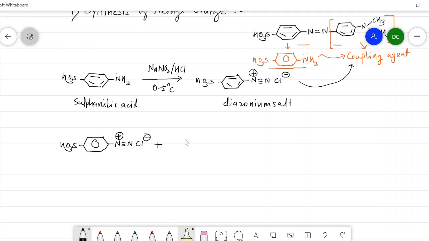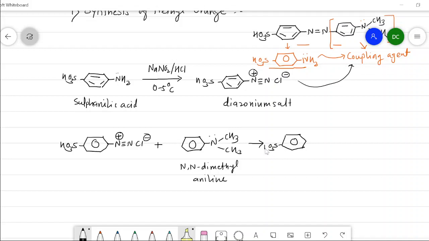It is treated with N,N-dimethylaniline. I will write the name. Then it is going to combine with this at the para carbon. So we will write the structure which we get after the coupling.